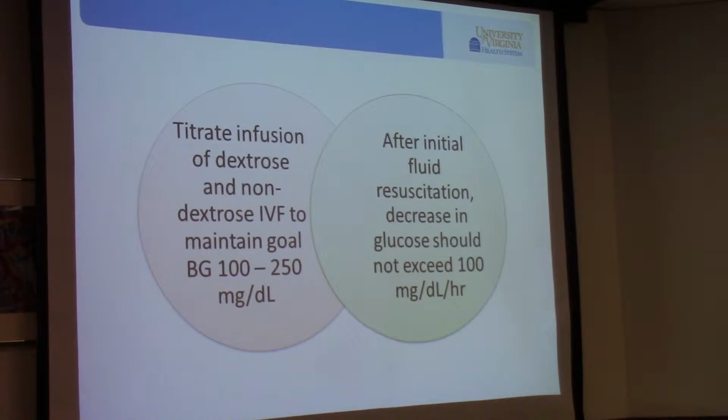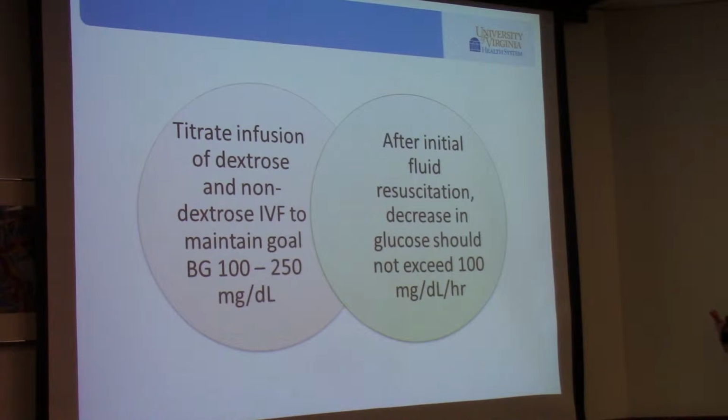So this is just sort of an addition to that. You know, you don't want it to go any lower than 100 per hour, and your goal is between 100 and 250. So how do you manage that? What if you come in and the kid's initial blood glucose is 400, and then it drops to 200 or 250 within the first hour? Well, that's way too much.